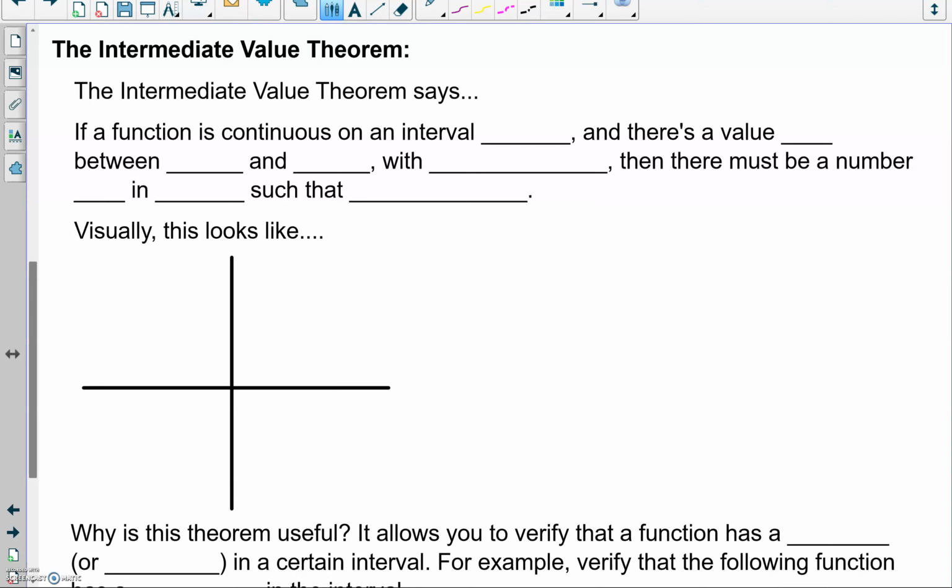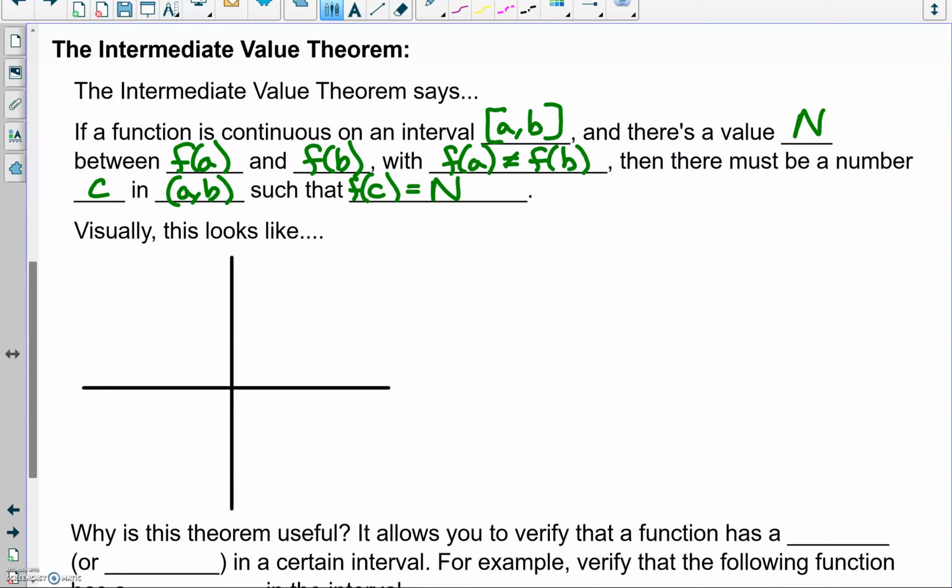Basically, what the intermediate value theorem says is that if a function is continuous on a closed interval a to b, and there's a value n between f of a and f of b, so this n is some y value between the two function values at the endpoints, and the endpoint function values can't be the same in order for this to work out, then there must be a number c in the open interval a to b, so some x value in that interval, such that f of c is equal to n.